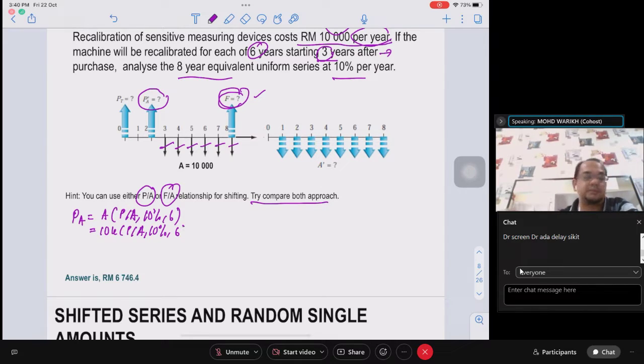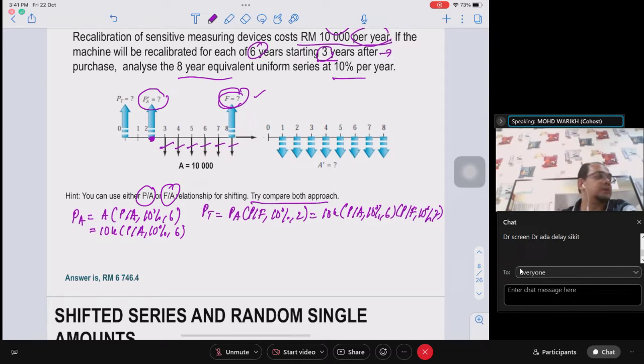And for the total P, P total is P/A times P/F. Then we just do the multiplication. So you will get the result.